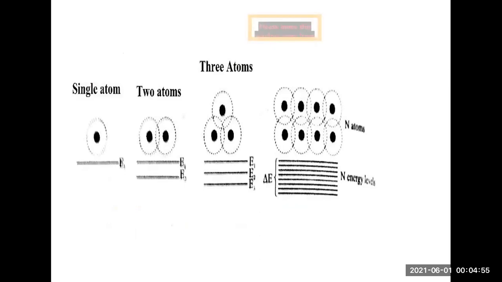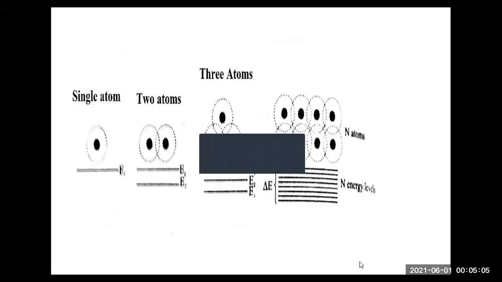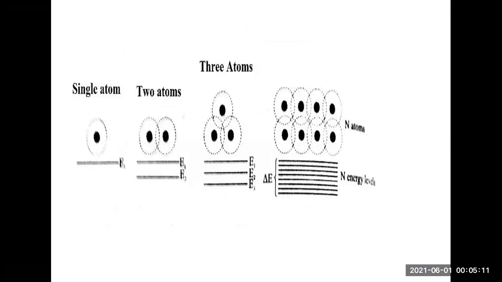This we also studied, but since it is a long gap, we will have a very quick glance at the energy bands of solids. For a single atom, you will find a single energy level. For two atoms, you will find two energy levels, and for three atoms, three energy levels.